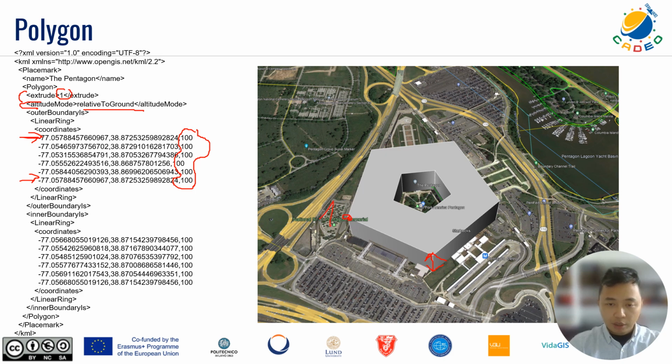For example, this is 1, 2, 3, 4, and the 5th point, and we input this first point again. So this will close the polygon. So you can see with this KML, when we view it in the browser, we will see one polygon in the shape of a 3D object.